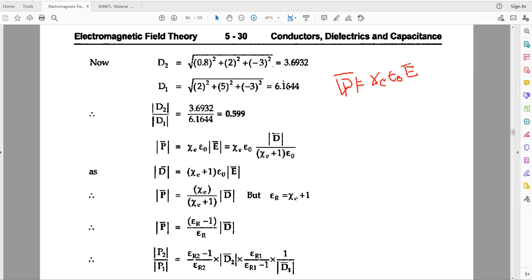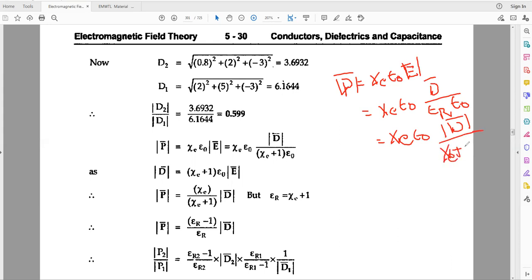The polarization magnitude is equal to XC into epsilon naught, with E bar in terms of the D bar being D bar by epsilon R into epsilon naught. What is epsilon R in terms of XC here? It is XC plus 1. This formula we have already seen.